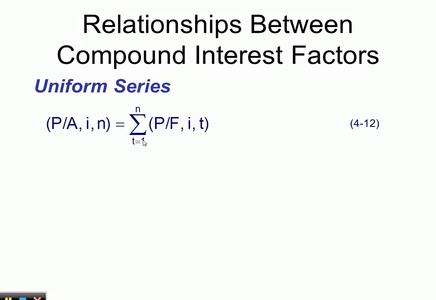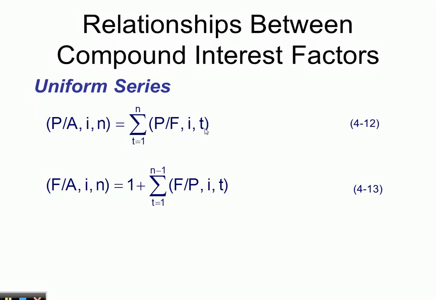If n is just 2, then we would have P given F at i over 2 and P given F at i over 1. If n is 3, we would have P given F at i over 1 plus P given F at i over 2 plus P given F at i over 3.